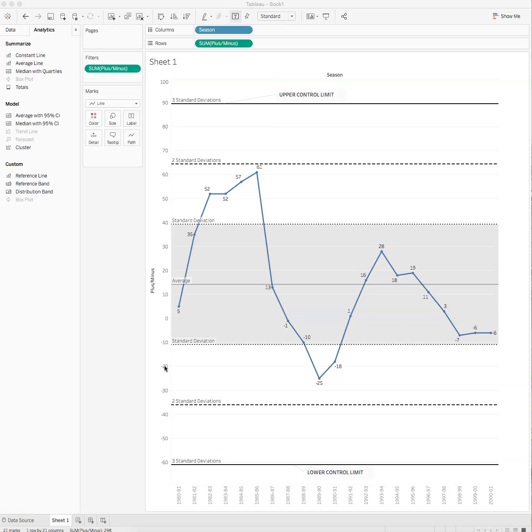So you could even make this into a usable filtered dashboard and share that, and then have it connected to your data source so it's always updating. So that would be another example of using a control chart, and how easy it is to make a control chart just using the quick method. In our next video, we'll take a look at making a control chart using the rigorous method.